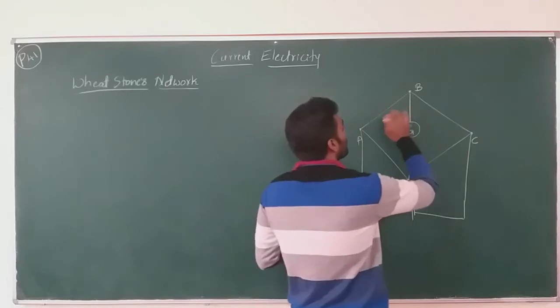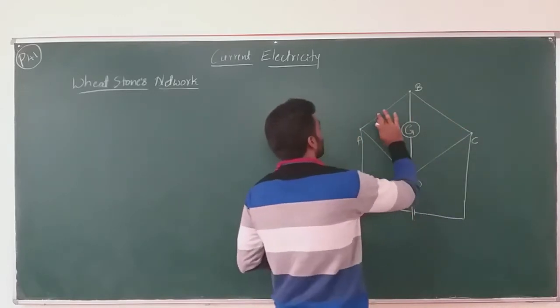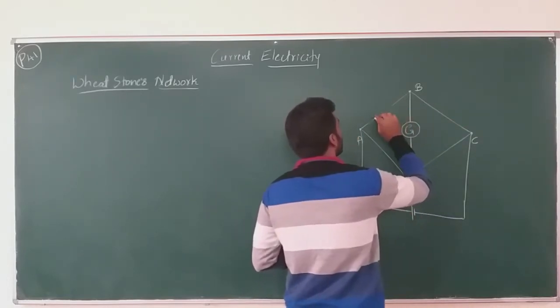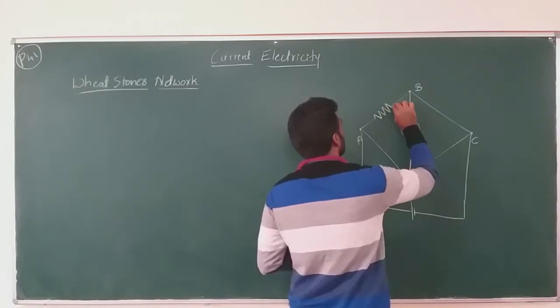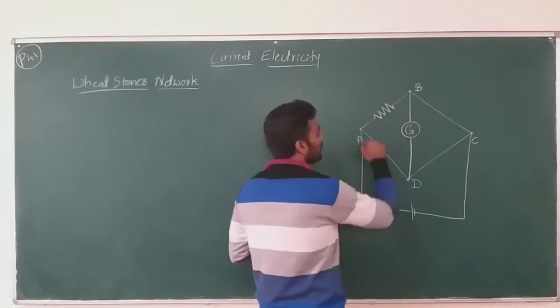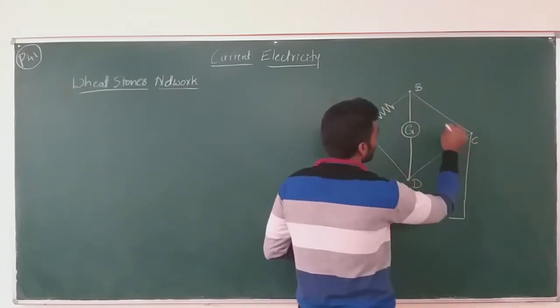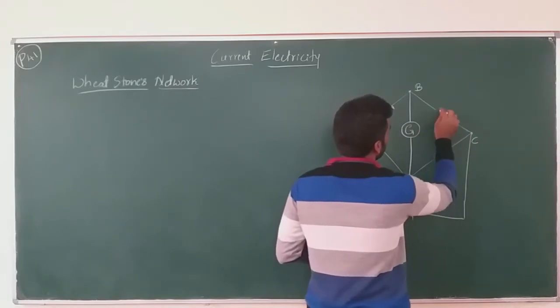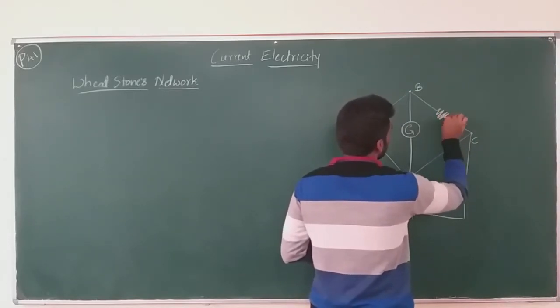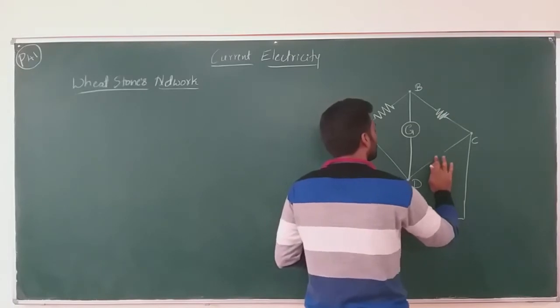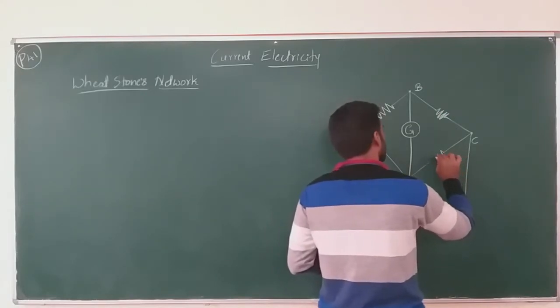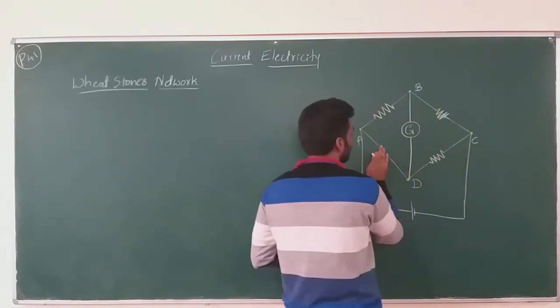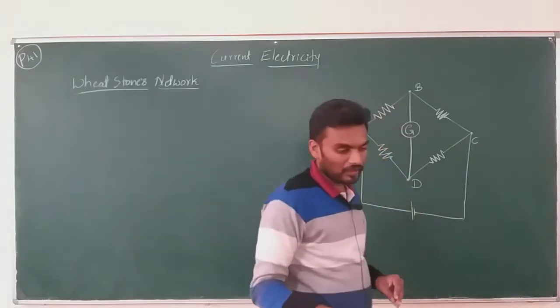One resistor will be between the points A and B, the other between the points B and C, the other between C and D, and finally the fourth one between A and D.